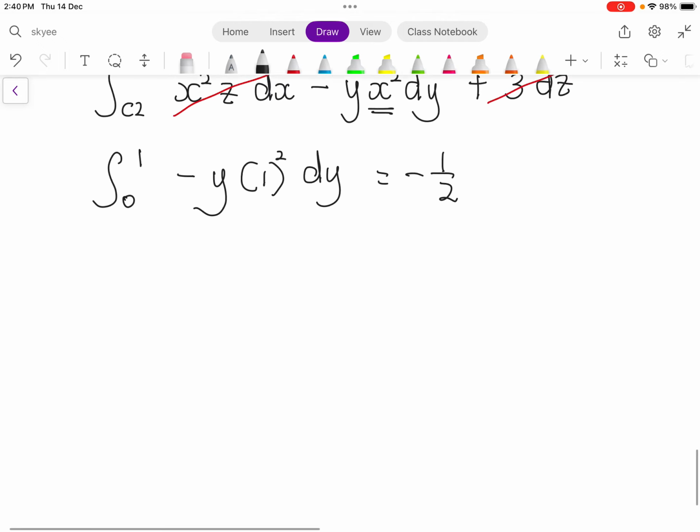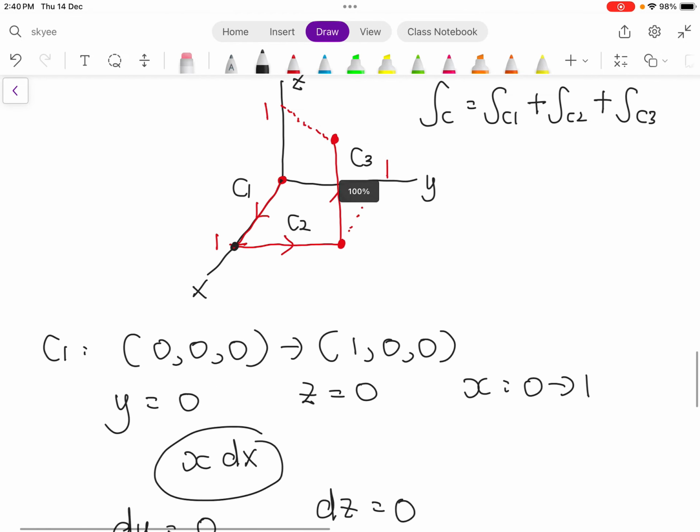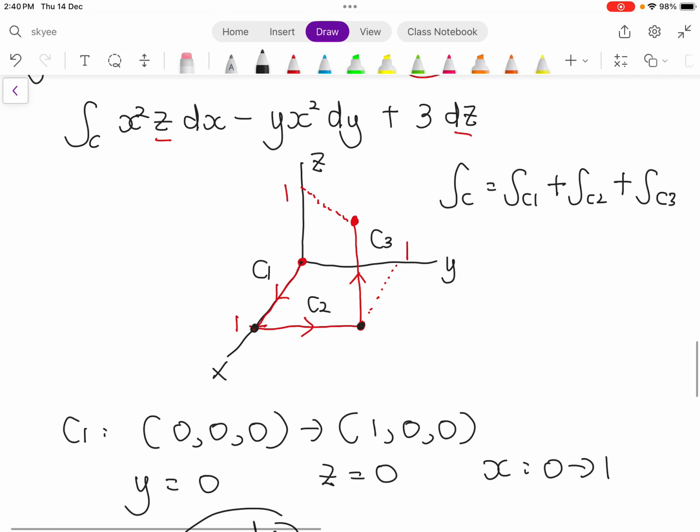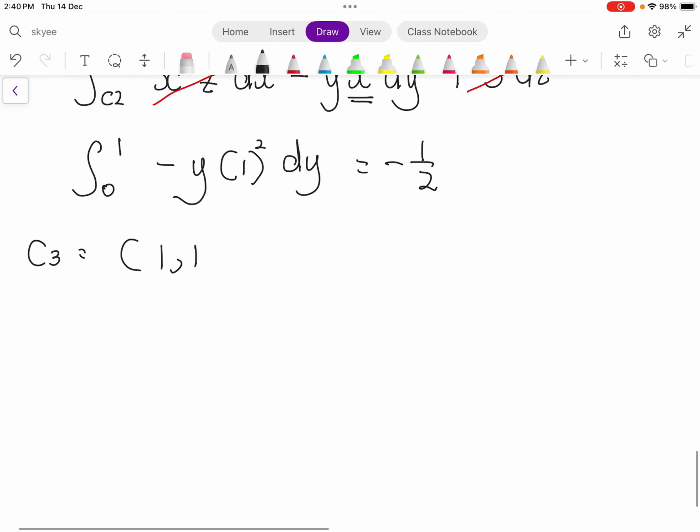We move on to the line integral for path C3. What is C3? You can see C3 is from (1, 1, 0) to (1, 1, 1).